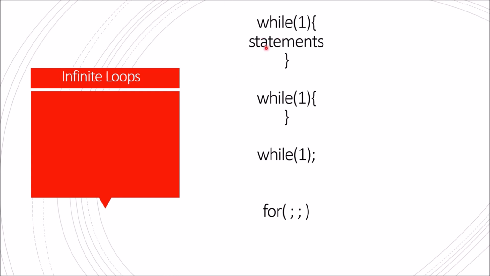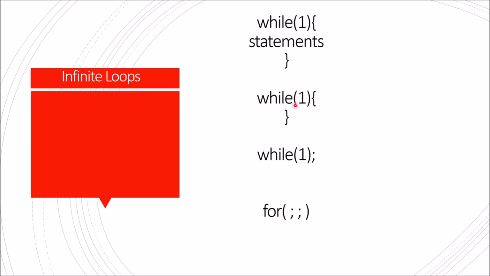So it will keep running forever. Let's say, for instance, this while expression. Since it just evaluates the expression as true for executing this block of statements, this expression is a constant number, 1, which is always true. So it will continue to execute the statements over and over.